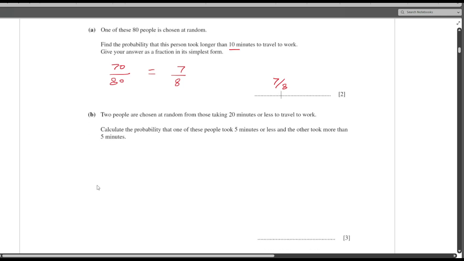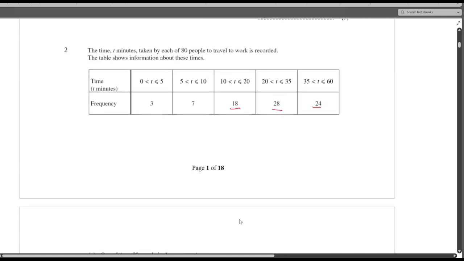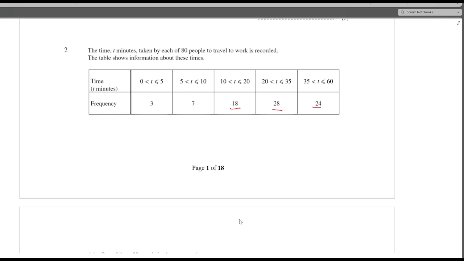Already they mentioned that the two people we are choosing take 20 minutes or less. Now, if I see, there are 3 plus 7 plus 18 people who take 20 minutes or less. So there are a total of 28 such people.